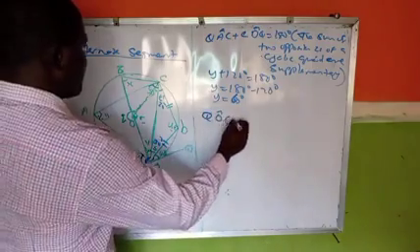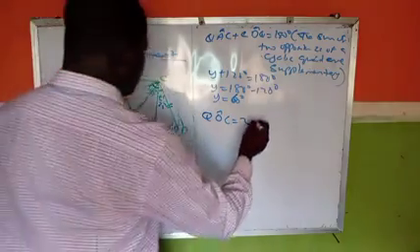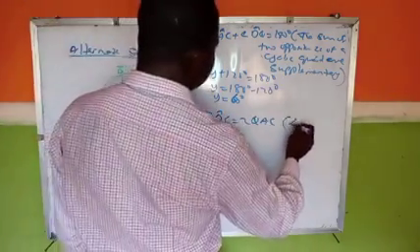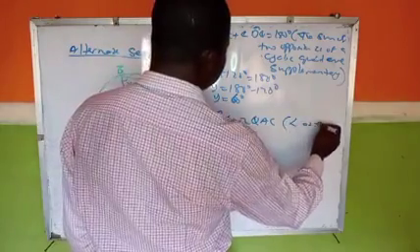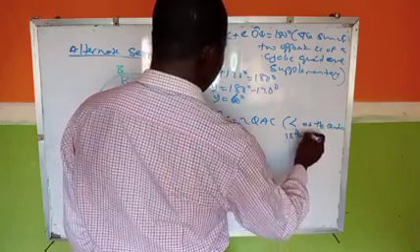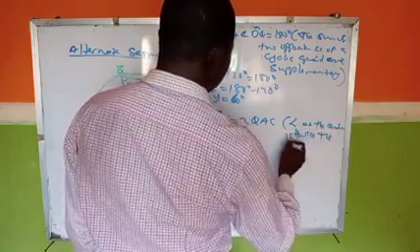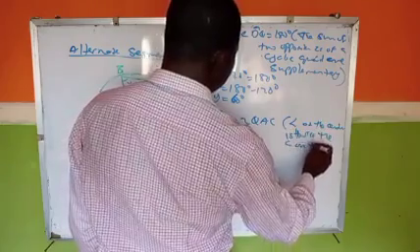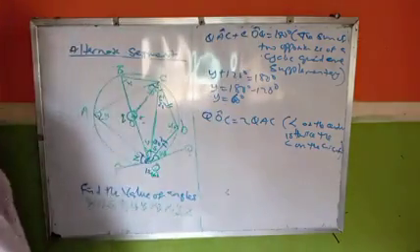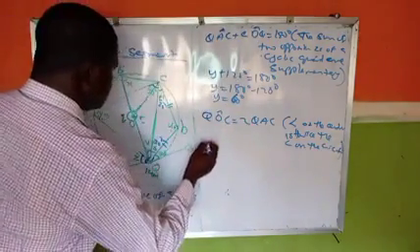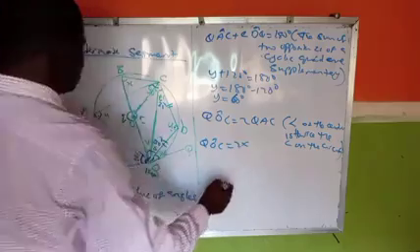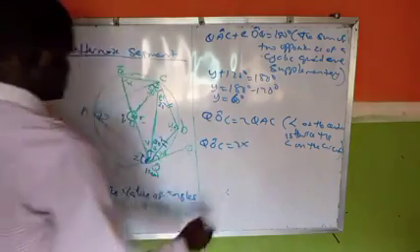QOC is equal to 2 times angle QAC. So you put it there that the angle at the center is twice the angle on the circumference. So angle QOC equals 2 times 60 degrees.